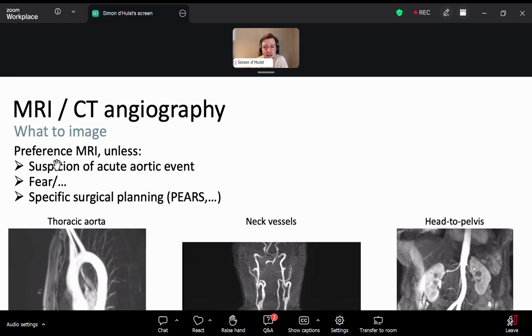For specific cases such as surgical planning, such as, for example, the Bentall surgery, which we'll talk about a little bit more in detail later, but also as Gianluca showed, specifically sometimes after surgery to really visualize some aspects in detail, it may be necessary to use CT as well.